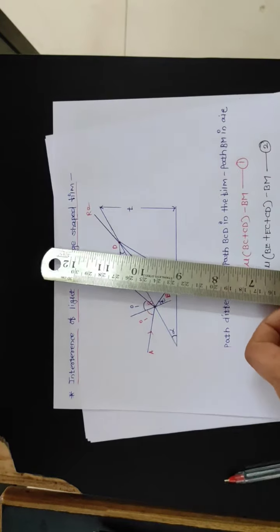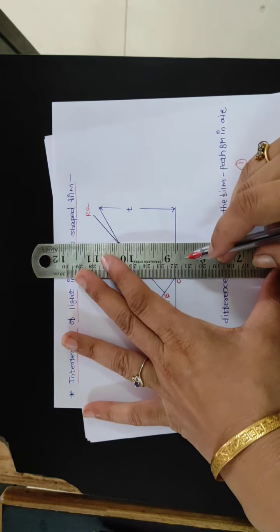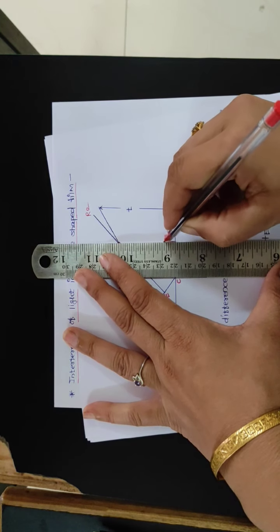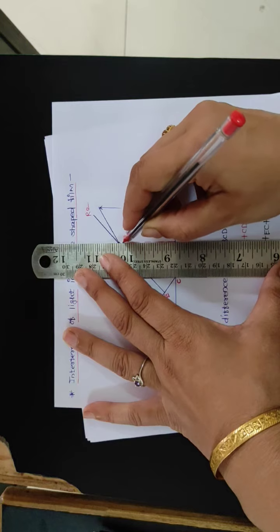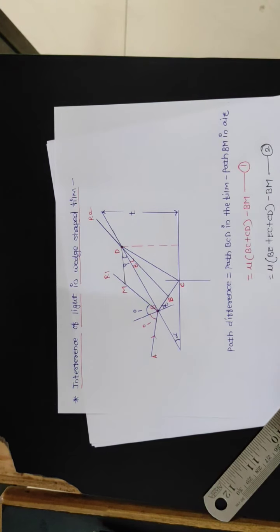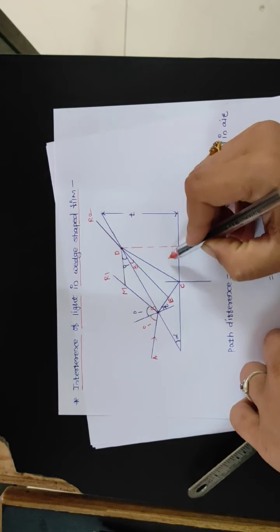Now again, if we draw this, then we get this triangle. Now we have to find out the mirror image of this triangle.